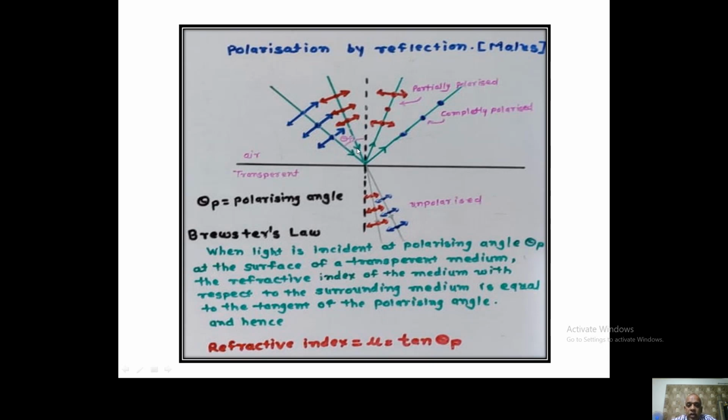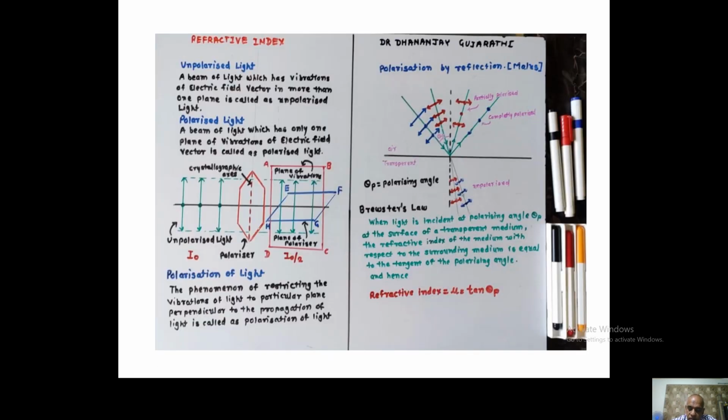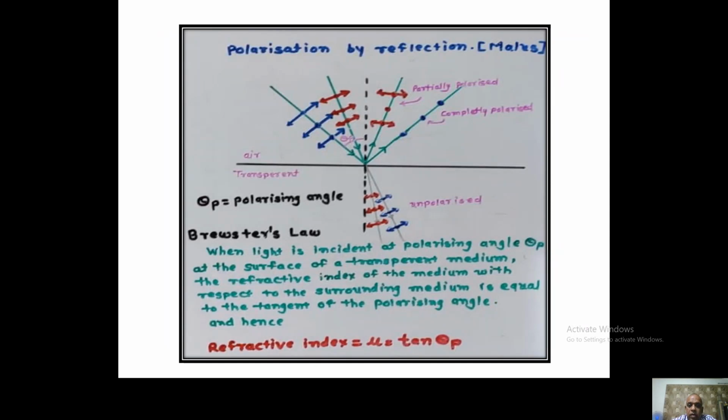This incident ray of light is unpolarized light, and it is incident on this transparent medium, just like glass.